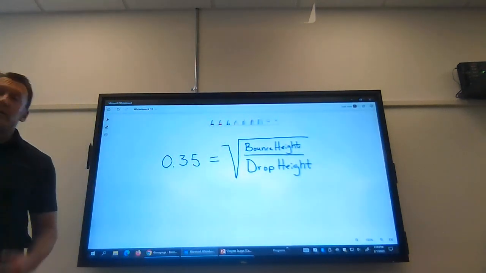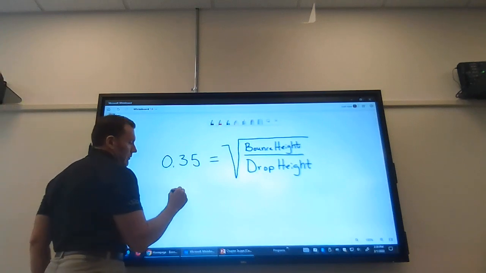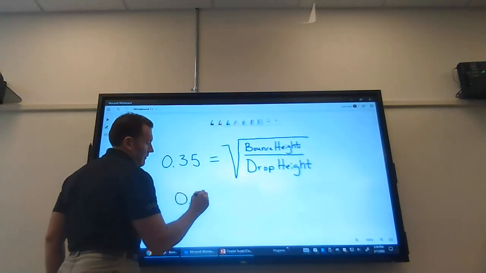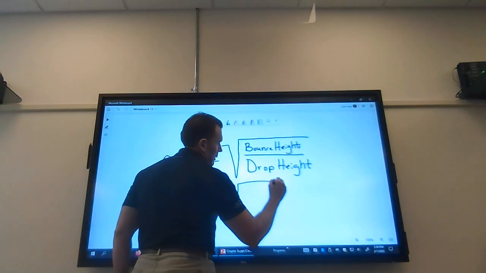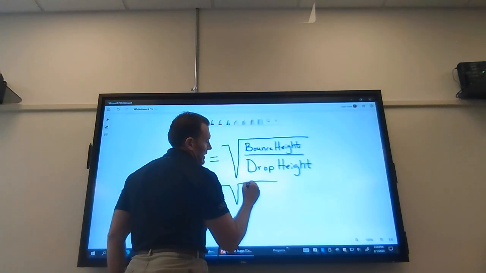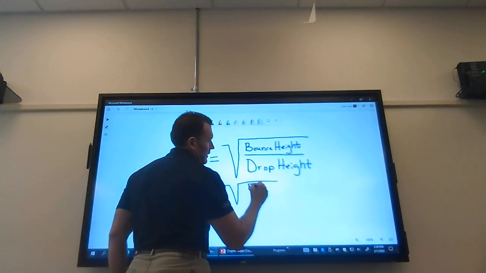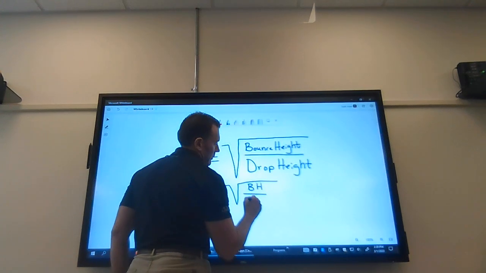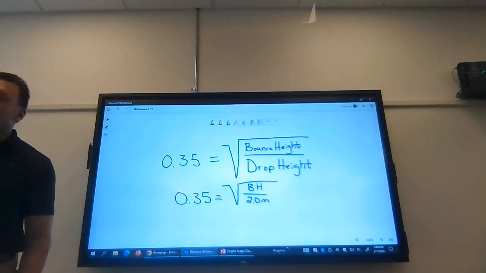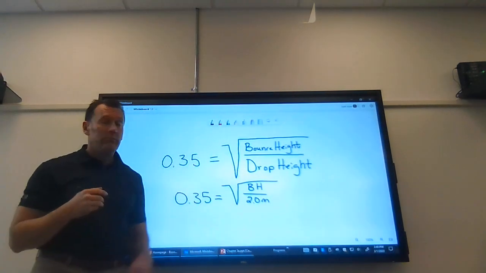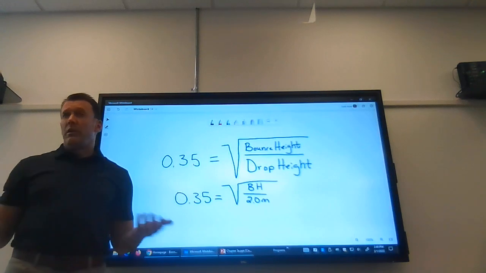We know the drop height is 2 meters, so we can rewrite this as 0.35 equals the square root of BH, for bounce height, over 2.0 meters. What we're solving for is the bounce height.